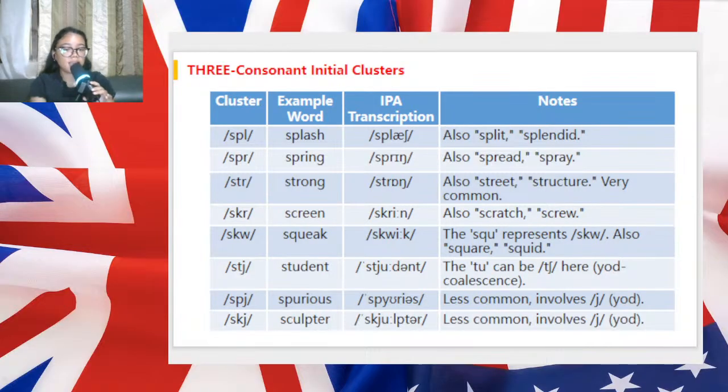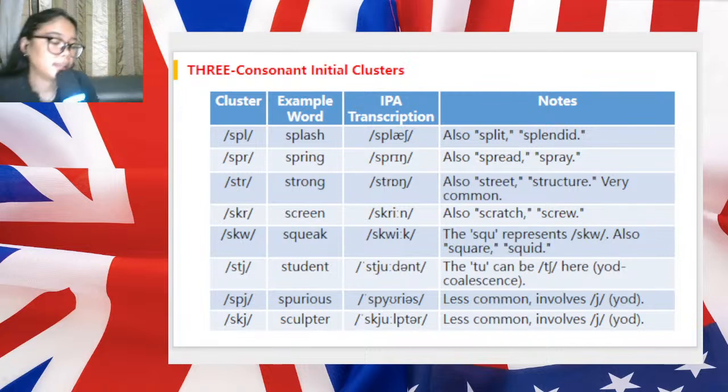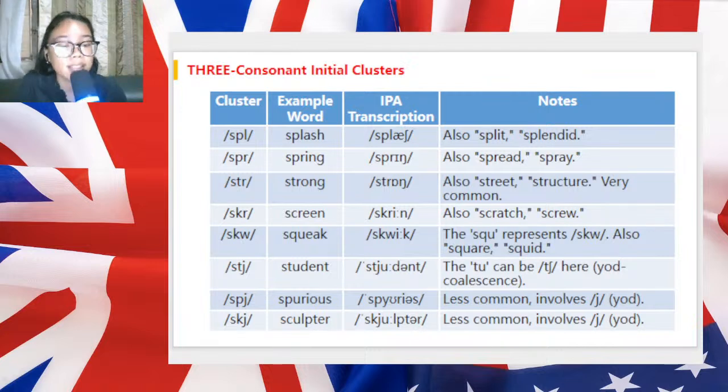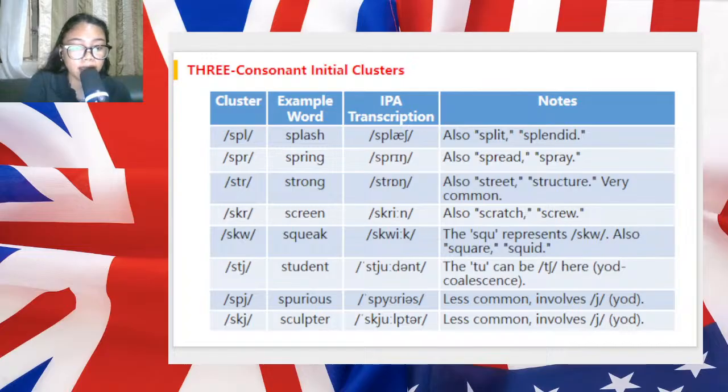This is the SKW cluster, as in the word squeak. This slide notes that the SQU spelling in the word squeak often represents this cluster. It's the S sound, then K, then W, that lip rounding sound. Squeak.